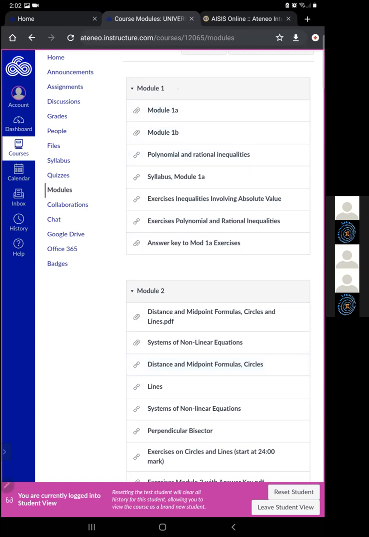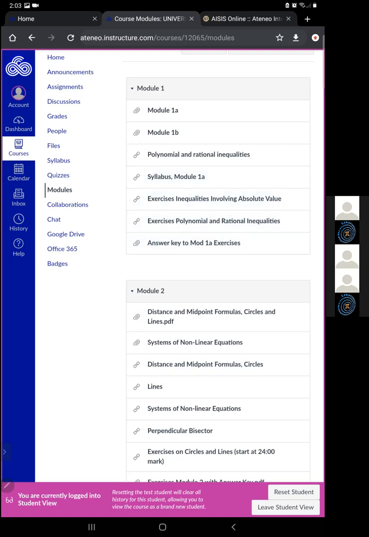When you see a paper clip like this one here, it means it's a file, usually a PDF file. It's something you have to read and of course study. And when you see an icon like a chain, it means a link that will send you to the video itself in YouTube. Okay, that explains the materials, and some of them are actually our synchronous sessions.